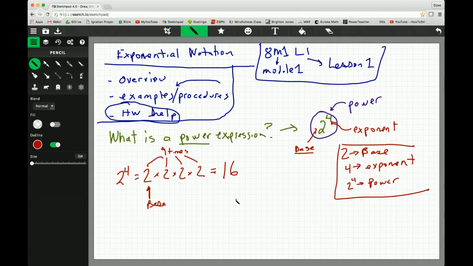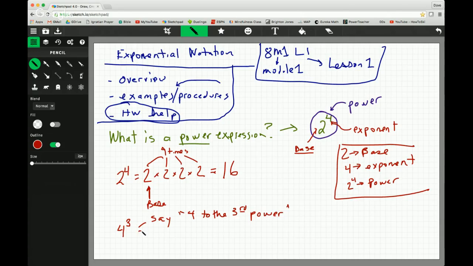Okay, so let's just do a few more of these. Let's take another example: 4 to the 3rd power. That's how we say this. 4 to the third power is one way of saying it.